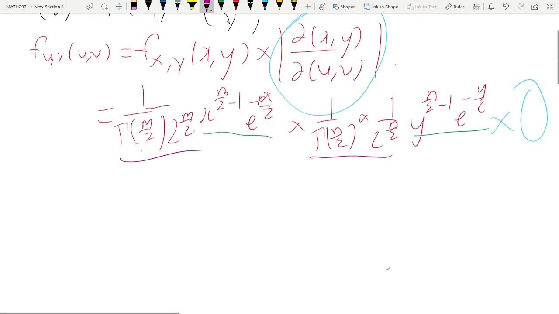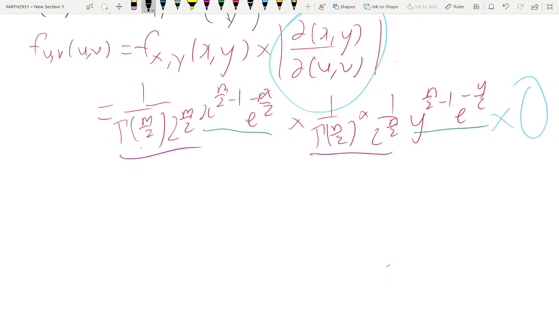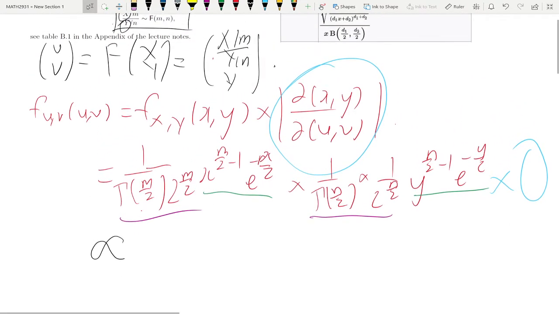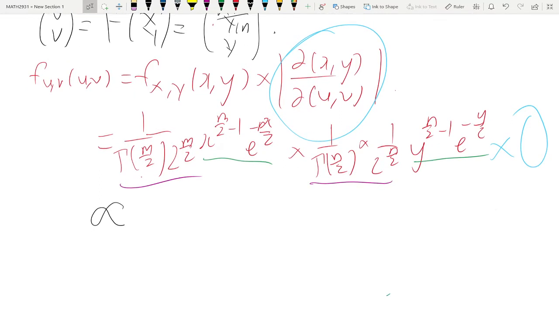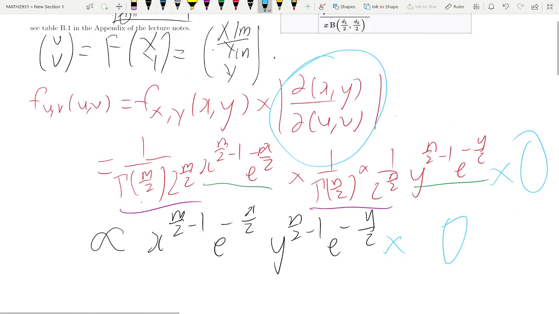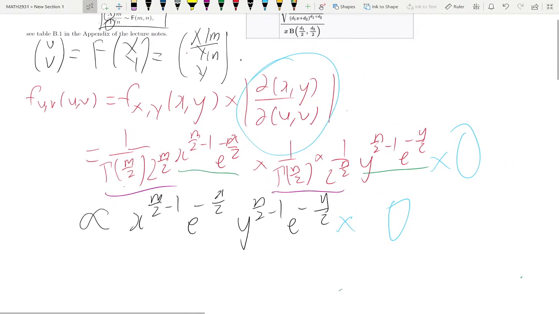Knowing this, you just focus on the parts that contain x and y: x to the m on 2 minus 1, exponential negative x on 2, y to the n on 2 minus 1, exponential negative y on 2, and then you times by this circle thing that we haven't found yet.